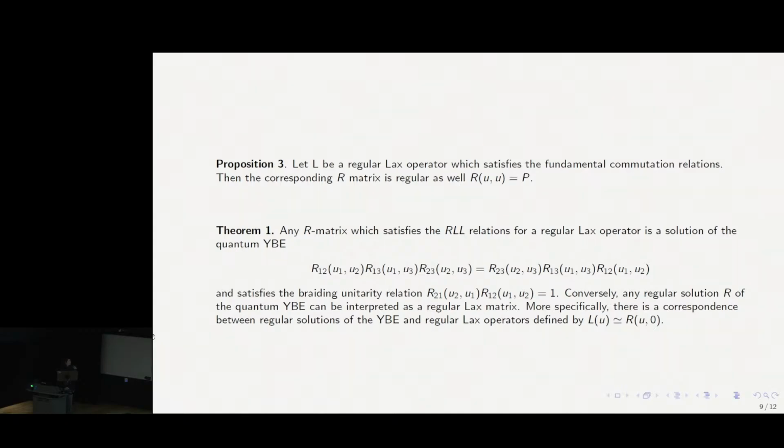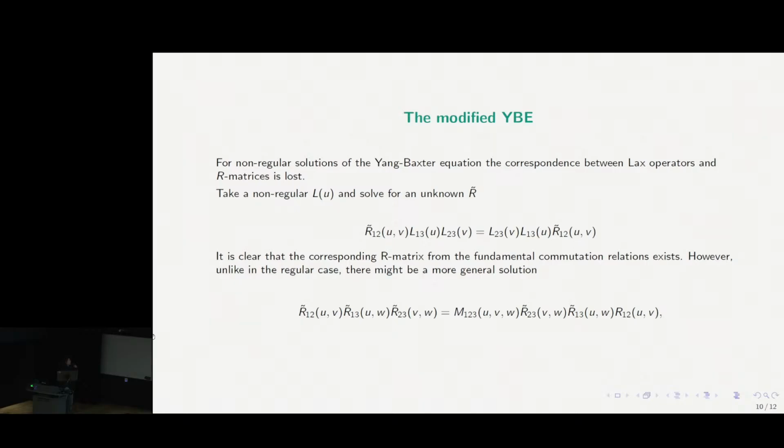So if you tried to make a statement like this for non-regular Laxes, your try would look something like this. Take a non-regular Lax operator and try to solve your RLL relation for some unknown R. What you might find is an R matrix that doesn't solve the Yang-Baxter equation.